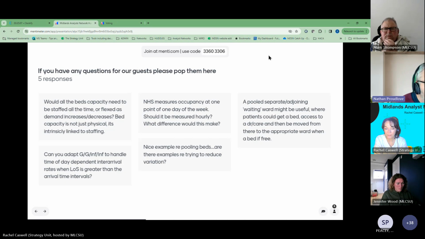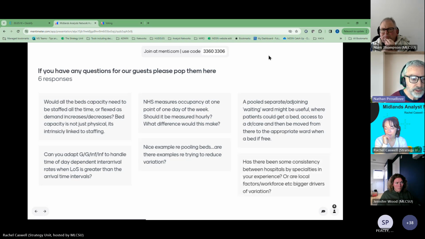Adapting the GG infinity model to handle time of day? Yes, a big assumption is also that steady state. We could model different times of day with different models, different arrival rates in particular, but we would have to think about how long it takes to get from one steady state to the next, and whether it ever reaches that steady state.